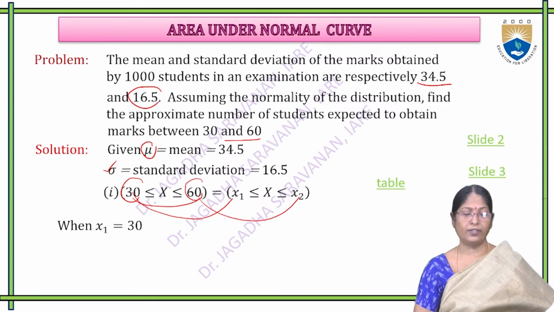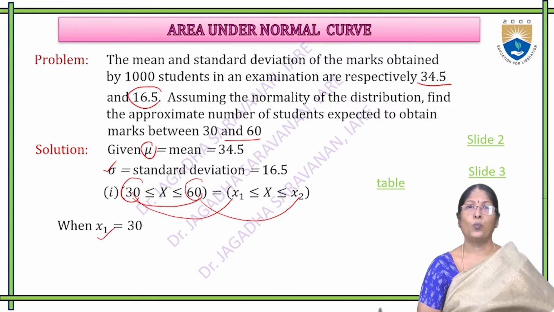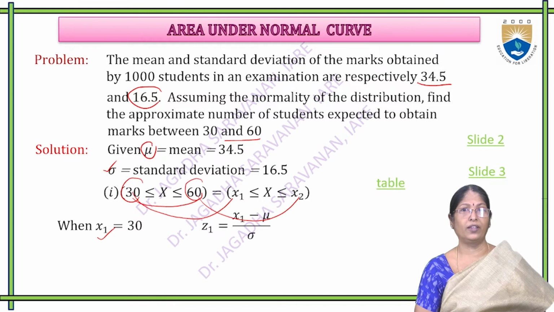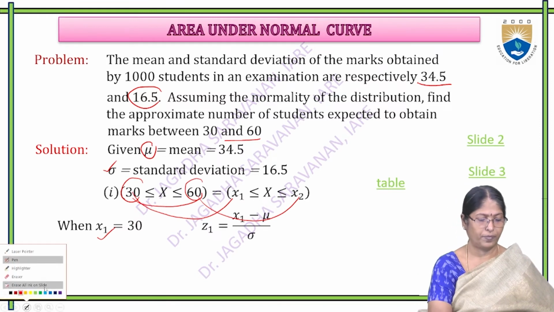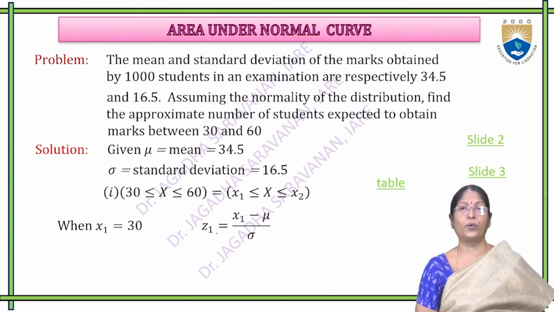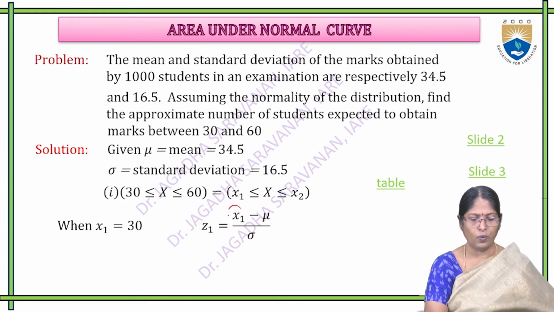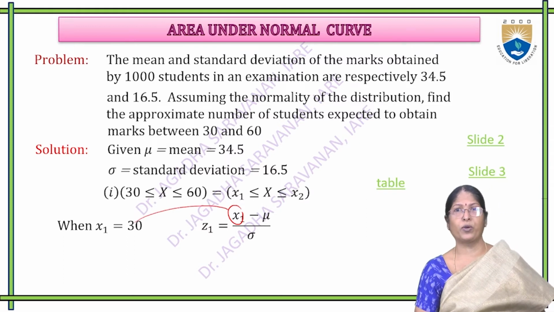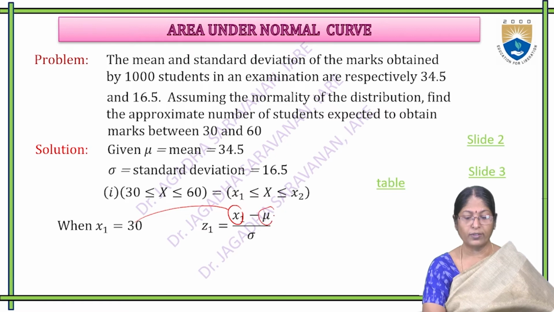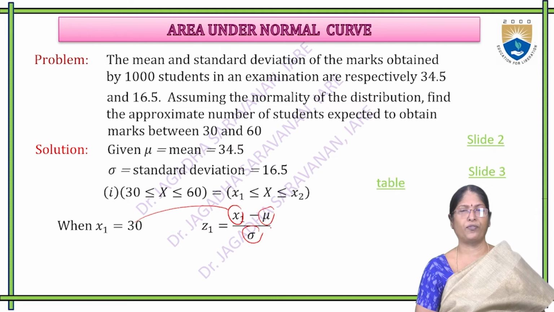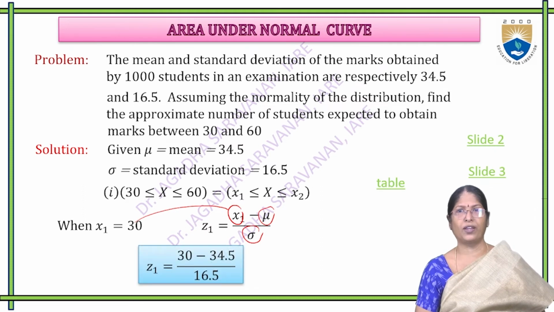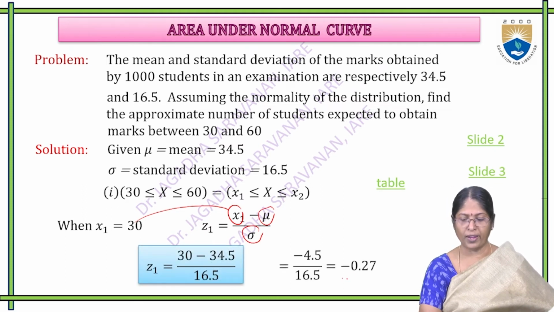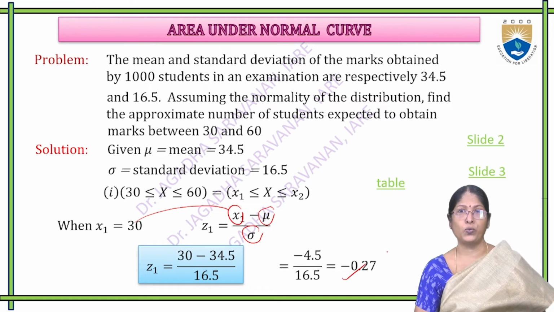First we take x1 equal to 30. z1 equal to (x1 minus mu) by sigma, where x1 is replaced by 30, mu is 34.5 and sigma is 16.5. We substituted and obtained minus 0.27.